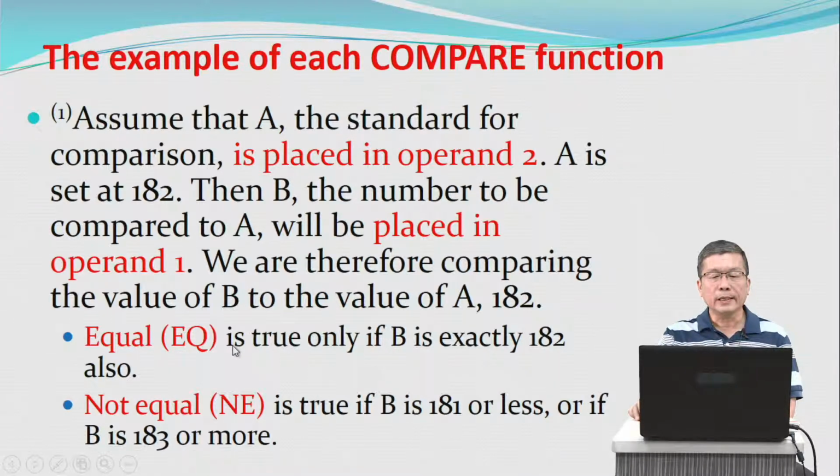Equal is true only if B is exactly 182 also. Not equal is true if B is 181 or less, or if B is 183 or more.